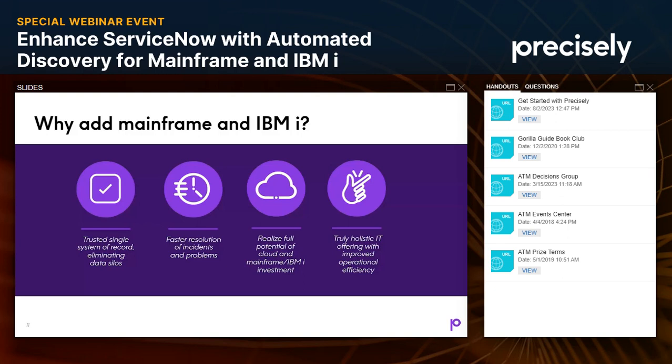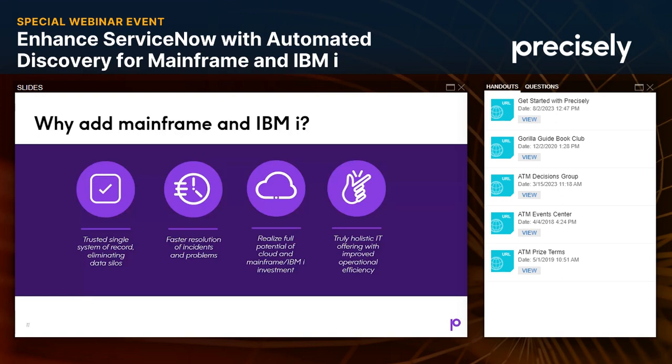We also see, and I'm sure you guys are seeing this as well, the continuing move to more of a hybrid-based environment, on-prem right alongside the cloud, and being able to have the elements of IBM i and mainframe that are doing a lot of movement to the cloud.